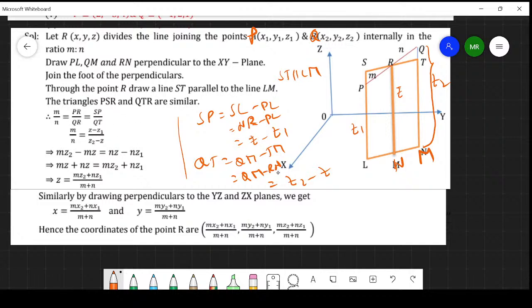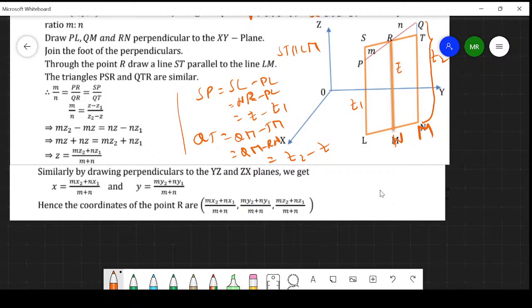But to understand and explain, you write Z minus Z1 by Z2 minus Z. Do the cross multiplication: MZ2 minus MZ equals NZ minus NZ1. Transfer the Z terms to one side: MZ plus NZ equals MZ2 plus NZ1.